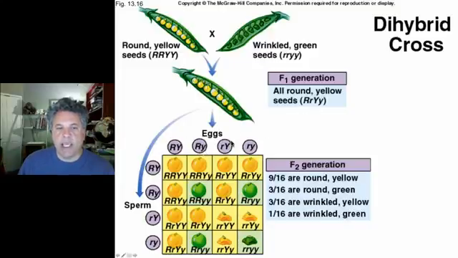And likewise, if an egg had acquired a small r allele, it could also acquire either a large Y allele or a small y allele. That is to say, the assortment of alleles that govern different character traits is completely independent. There's independent assortment of these as they are segregated into reproductive cells at the time of sex cell formation.